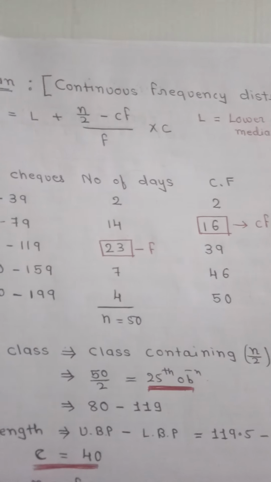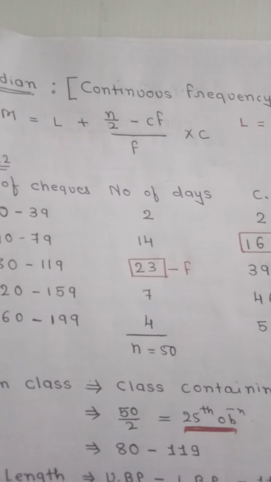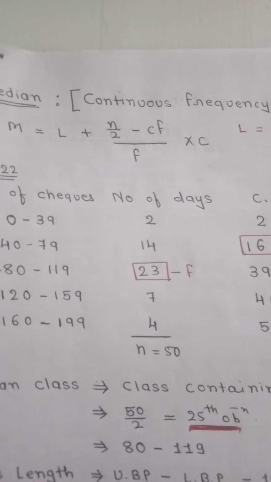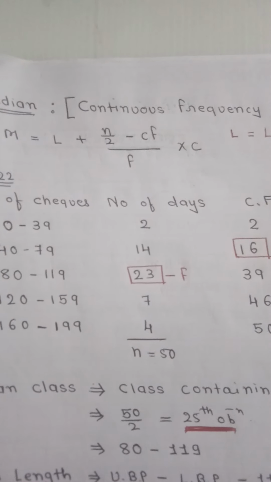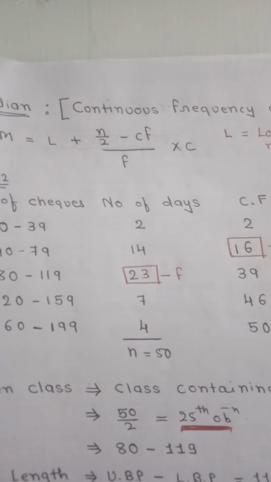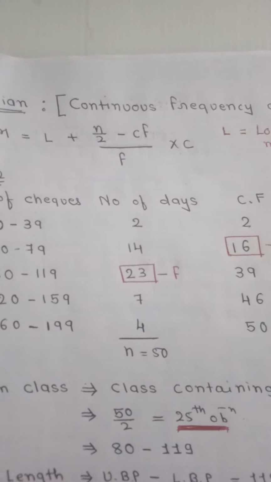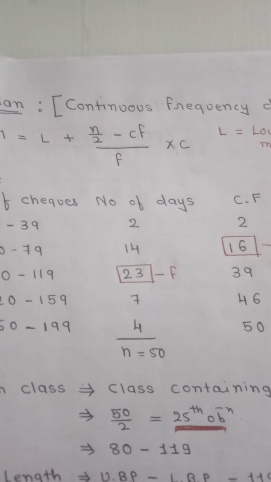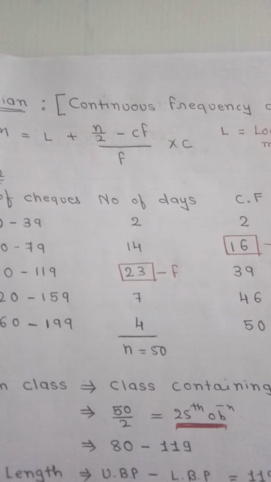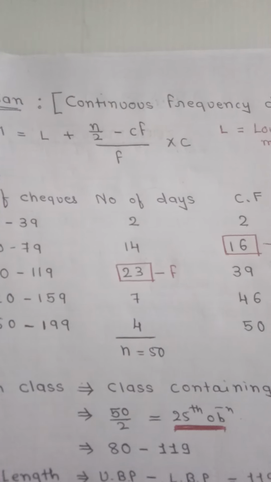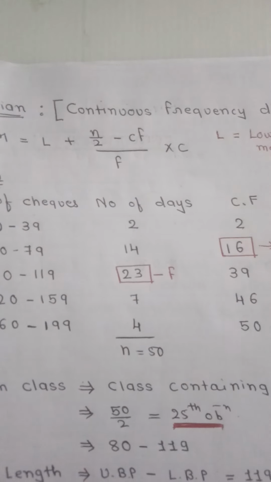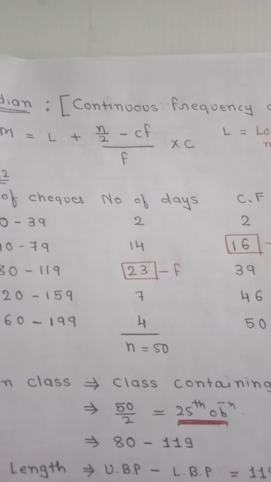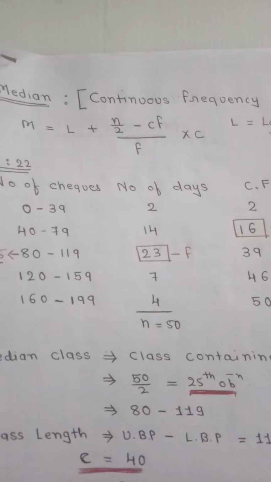So L is the lower boundary point of the median class, N/2 is the total number of observations divided by 2, CF is the cumulative frequency previous to the median class, F is the frequency of the median class, and C is the class length. Now let us see one example so it will get very clear to you.